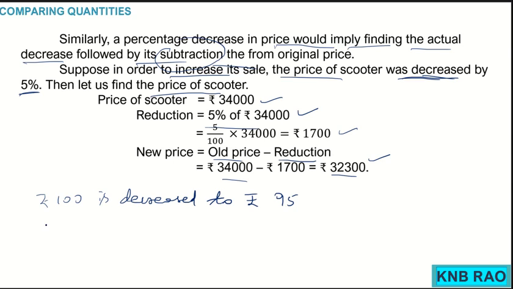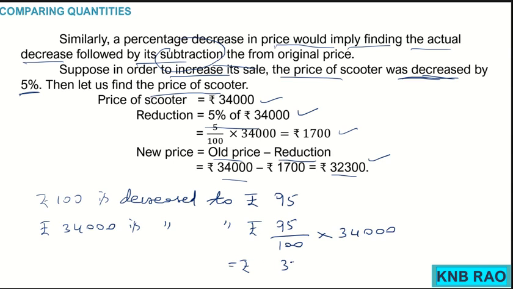Using unitary method, rupees 34,000 is decreased to rupees 95 upon 100 into 34,000. Even if you calculate this, it also gives you 32,300.